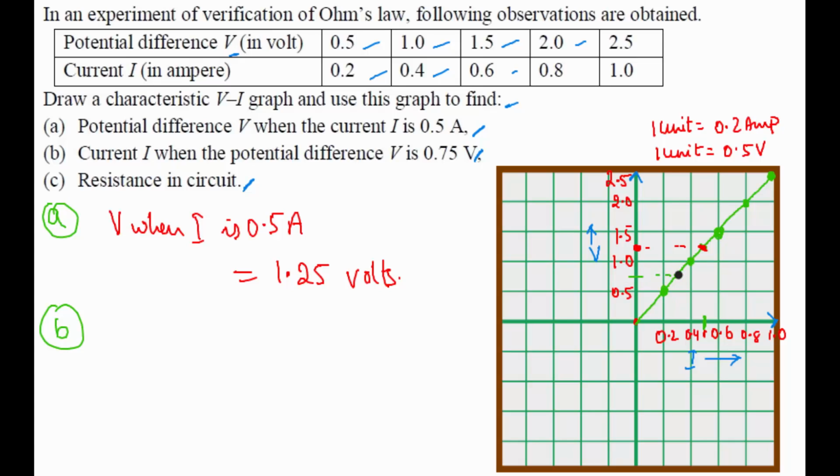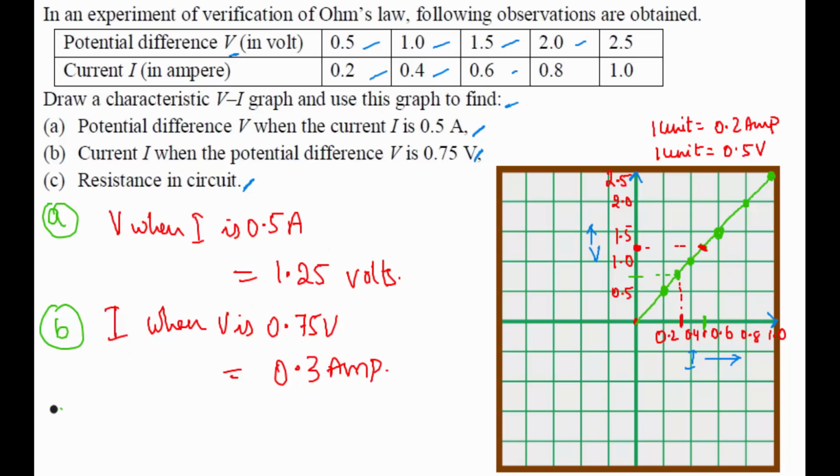So if you take the corresponding point here, it will lie exactly at the center of 0.2 and 0.4, which is 0.3. So current I when potential difference V is 0.75 volts, from the graph, will be equal to 0.3 amperes.